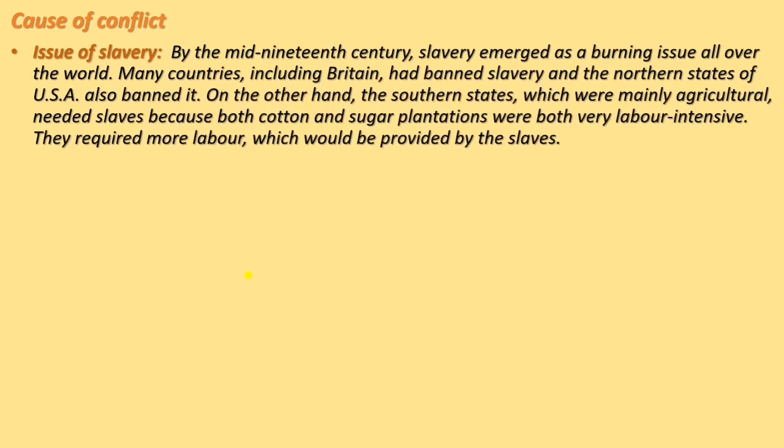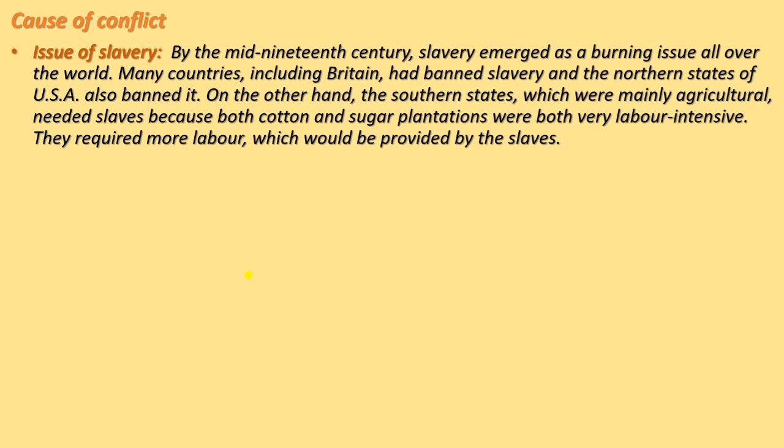The next topic is causes of conflict, and the first point, the issue of slavery. By the mid 19th century, slavery emerged as a burning issue throughout the world. Many countries, including Britain and the northern states of the USA, banned it.